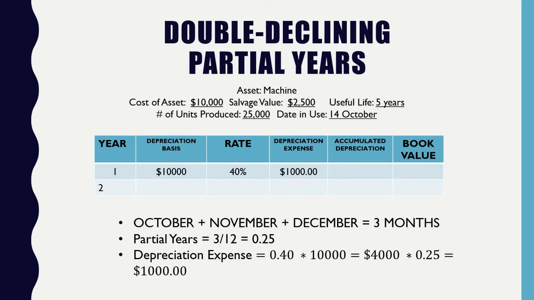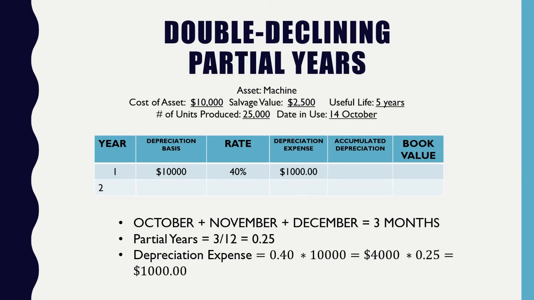There are 2 ways that you can take a look at it. The first thing is, how old is it? 3 months. To put it in terms of years, if my asset is 3 months old, how much of a year can I say it is?